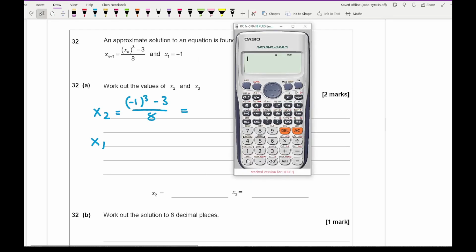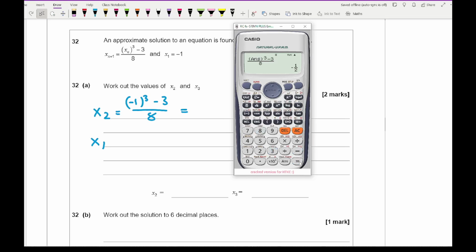And if I type that all into my calculator, let's just load the calculator up. So my first value is minus 1, so let's start by entering that. Press equals to keep that stored. Then enter the formula for x n plus 1. So this then becomes bracket, close bracket, to the power of 3, minus 3, all over 8.